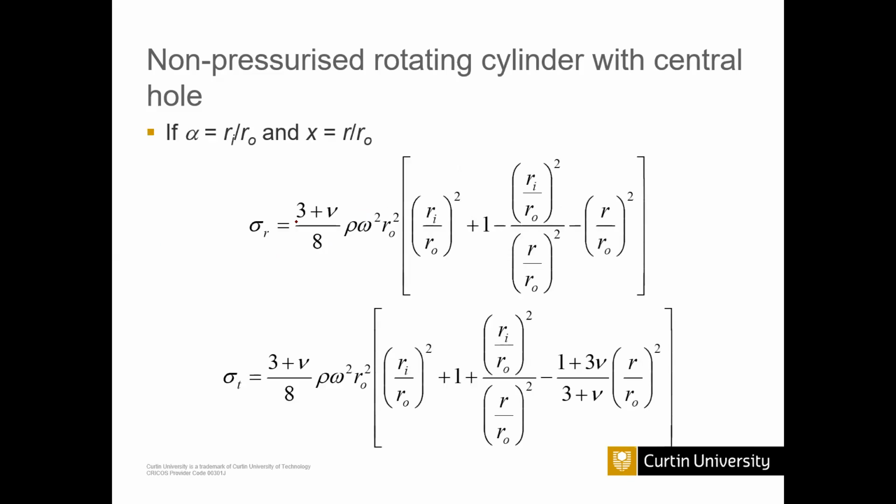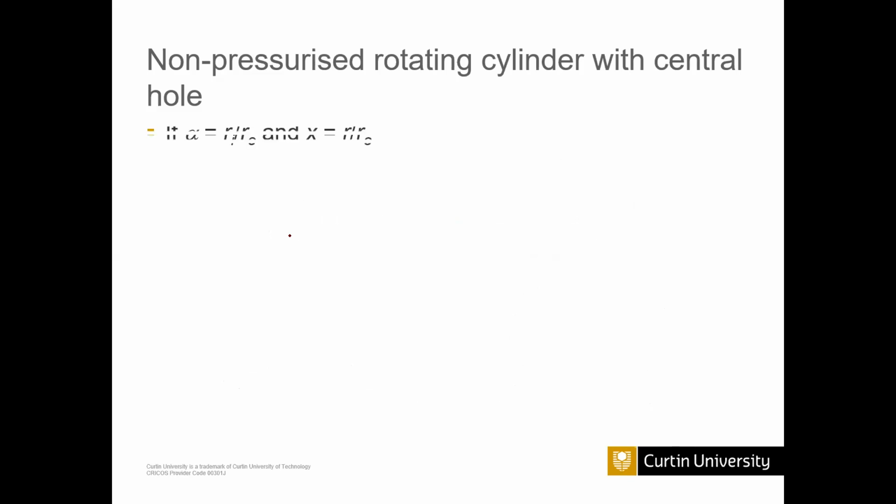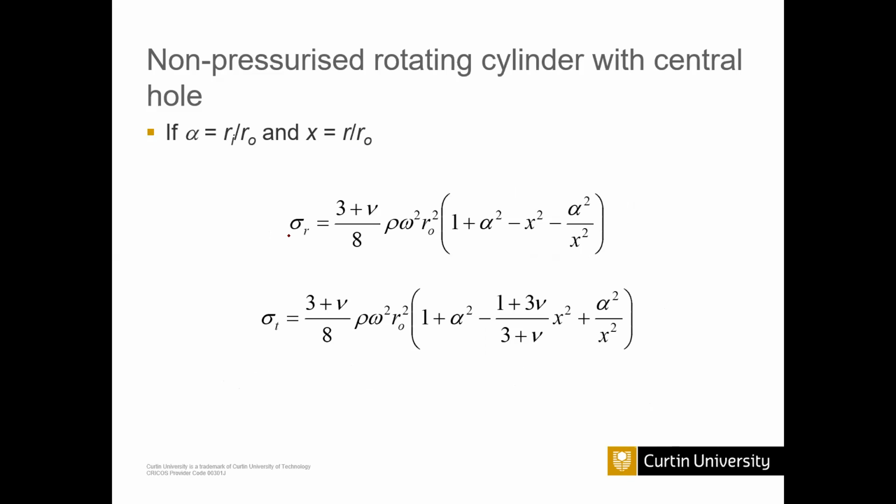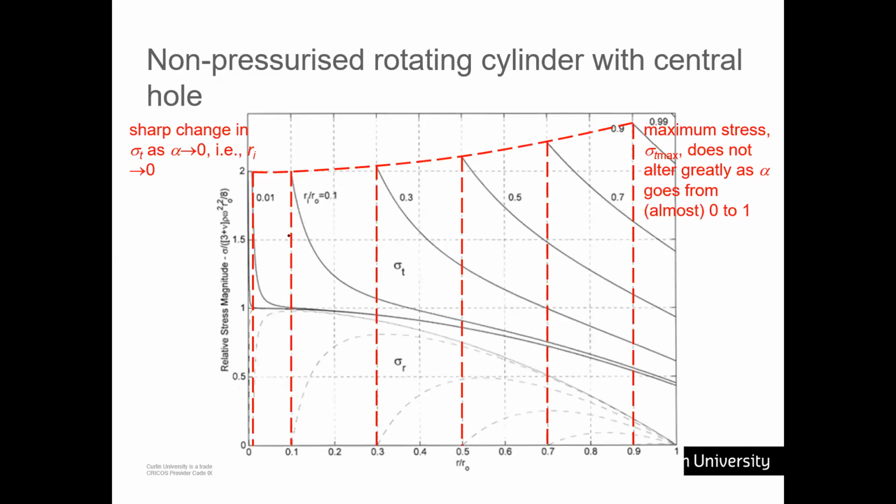What I need to explain here is another rearrangement of those equations: Ri divided by R naught, and then you can introduce R divided by R naught as X. This is just a rearrangement, a different kind of rearrangement to use for some calculation.